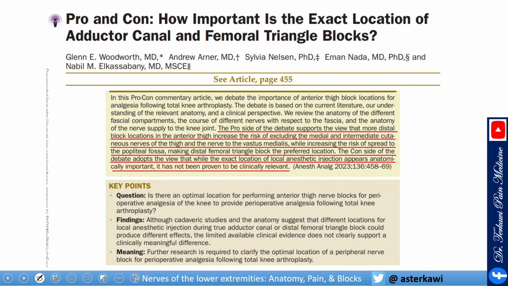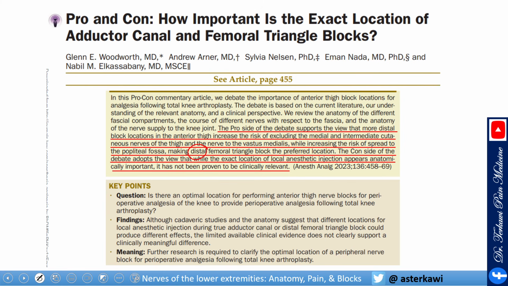What they found here is that the pro side of the debate supports the view that a more distal block location in the anterior thigh increases the risk of excluding the medial and intermediate cutaneous nerve of the thigh and the nerve to the vastus medialis, while increasing the risk of spread to the popliteal fossa, making the distal femoral triangle block the preferred location.